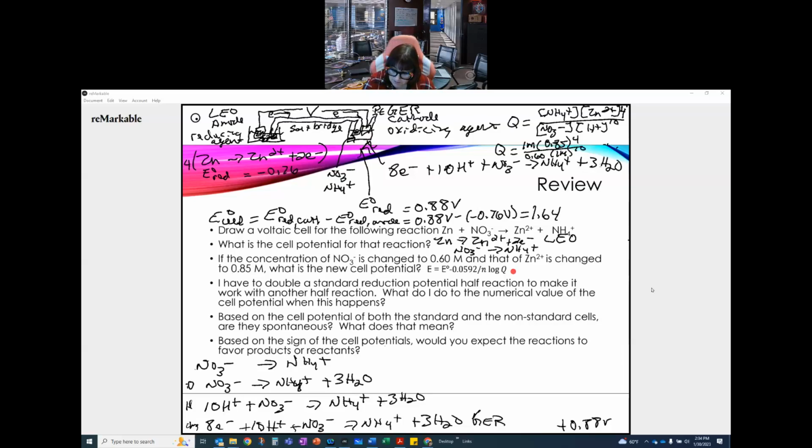That Q is going to go in here. And so when we do that, my E naught is 1.64. We subtract 0.0592 over n, which is 8, times the log of that expression up there.